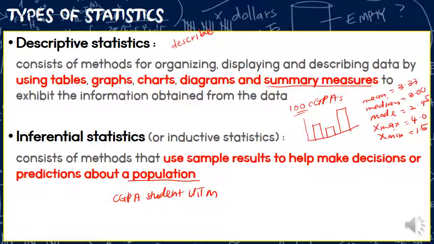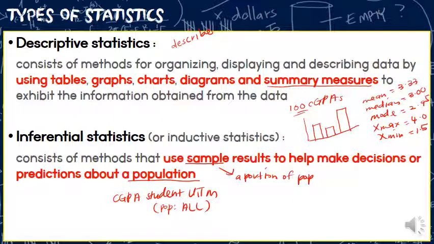So population saya will be kesemua student UITM. Population will be all student. Okay. Sample pula a portion, sebahagian daripada population, a portion of your population.